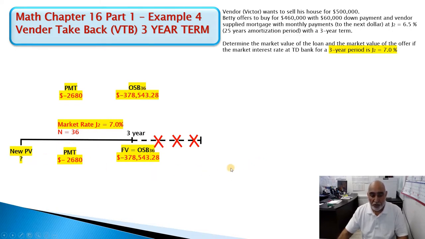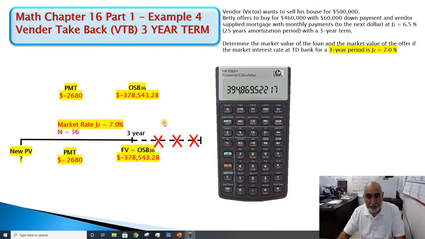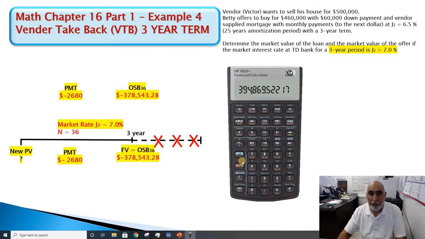So we bring in the calculator now and clear. Convert J2 to 7 effective. That's step 3. J12 is what we want. Good, J12 is done. N is 36. PV is what we're looking for. Payment is 2680.